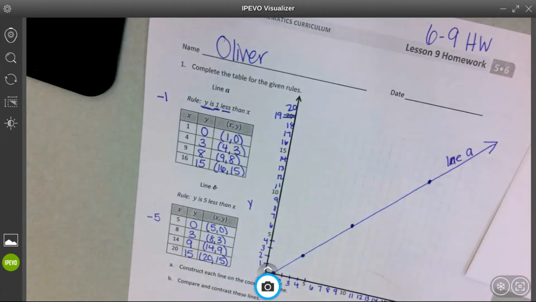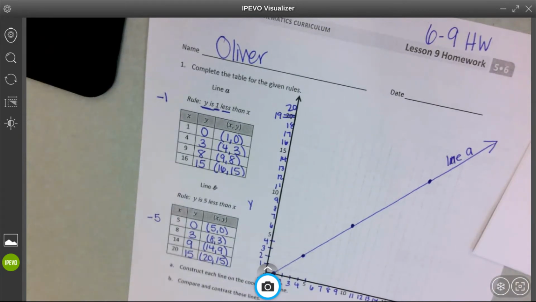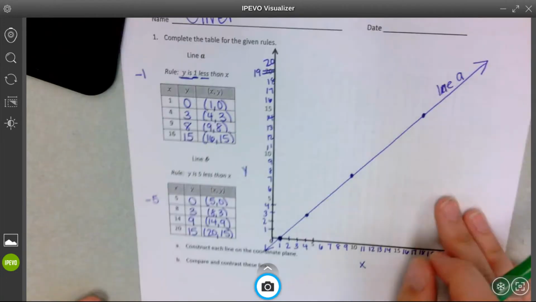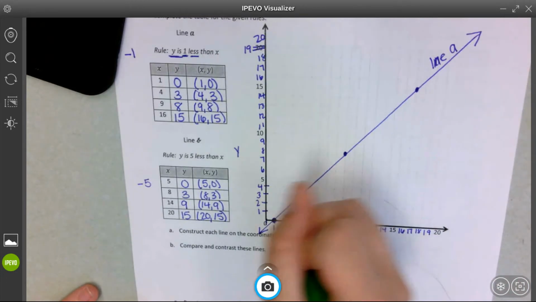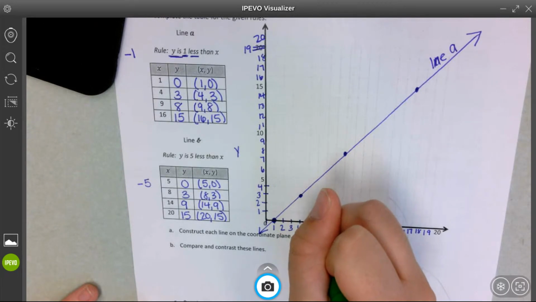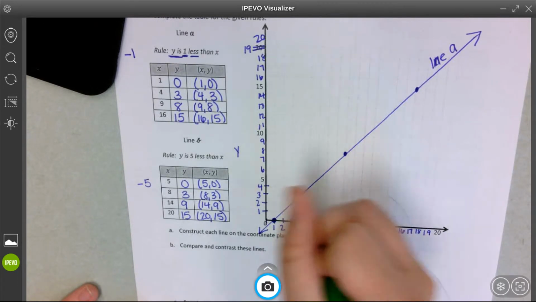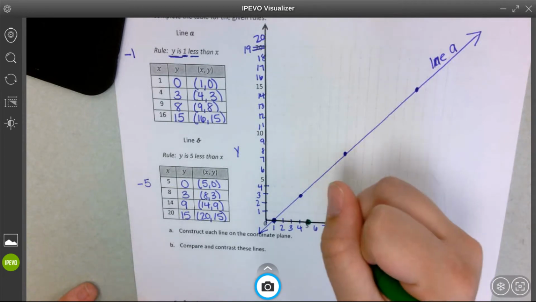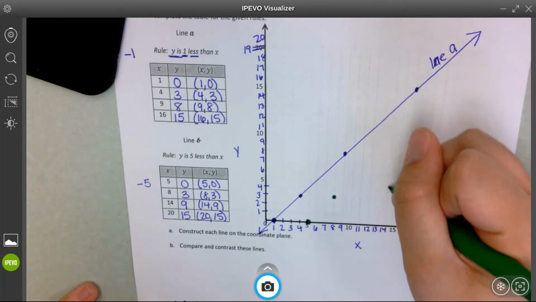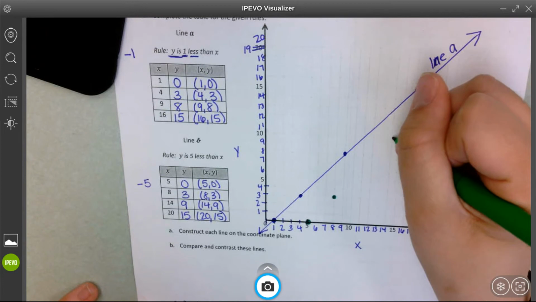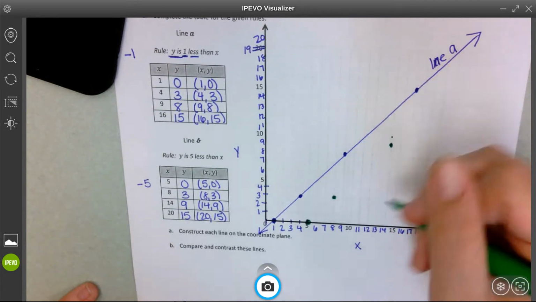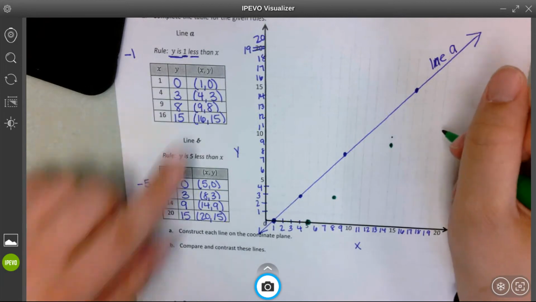Okay. I'm going to get a different color just to show the other line. You can use your same pencil. That's just fine. All right, so our x is over 5, up 0. Over 8, up 3. Over 14, up 9. And over 20, up 15.